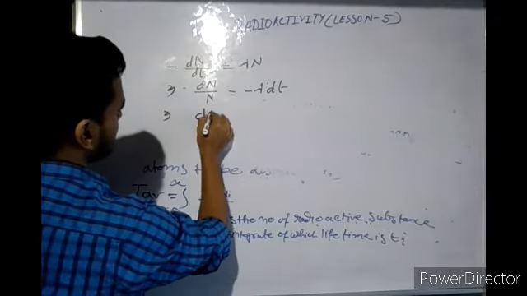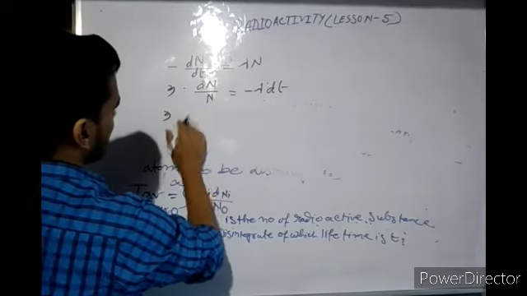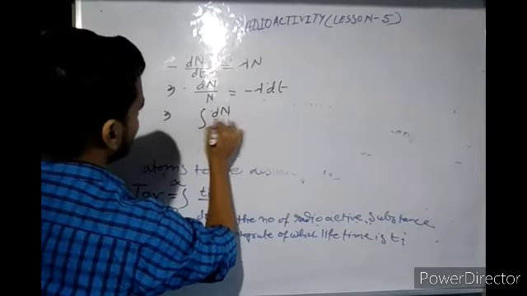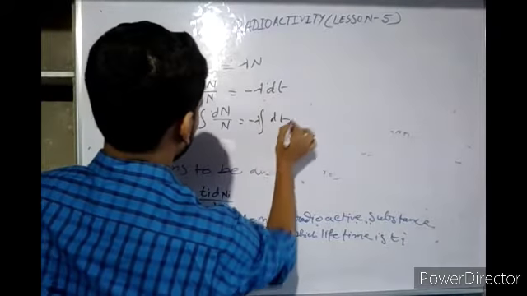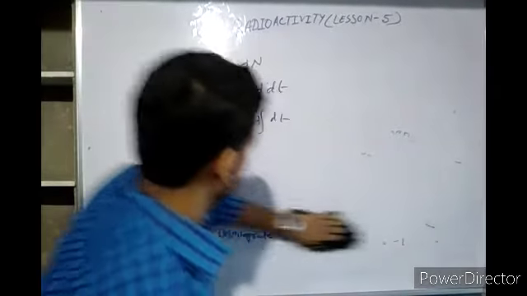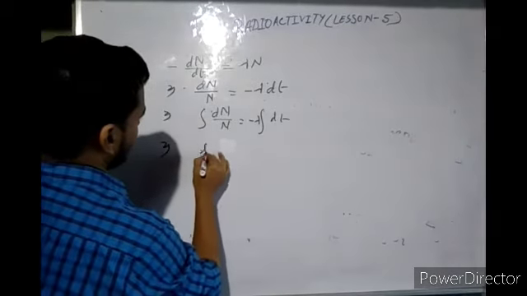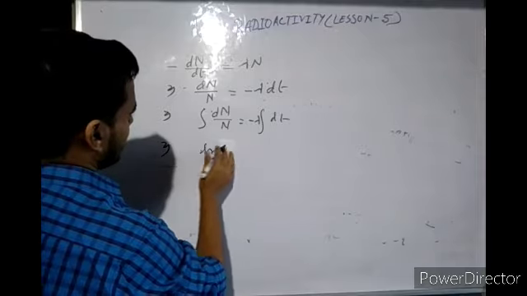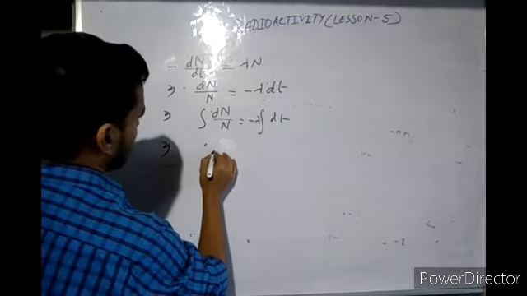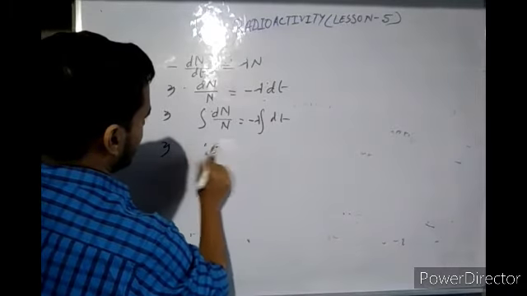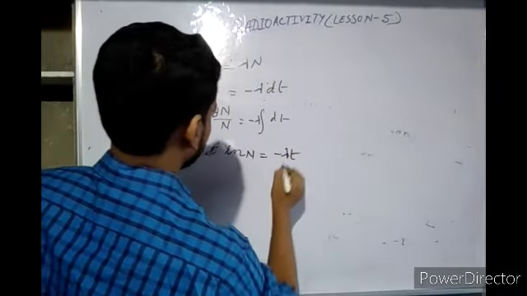Or integration of dN by N equals minus integration of lambda dt, or ln N equals minus lambda t.